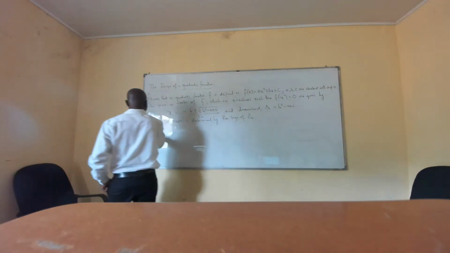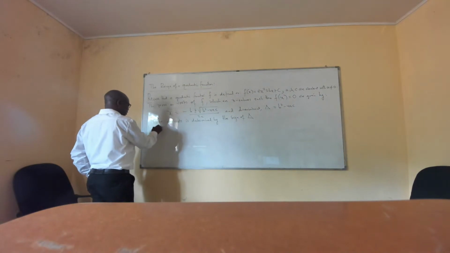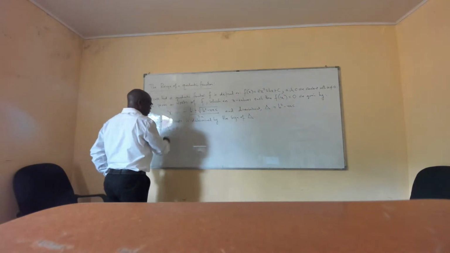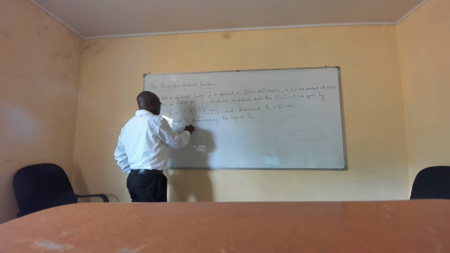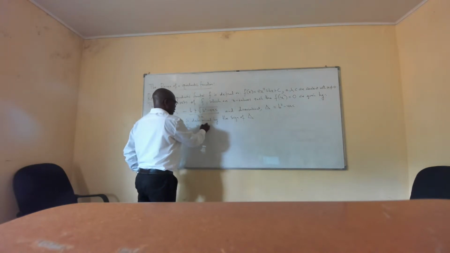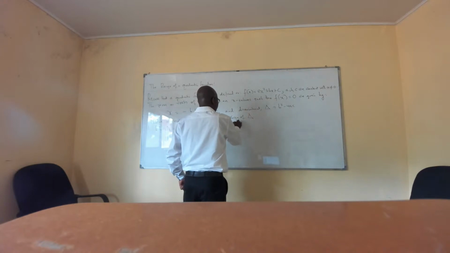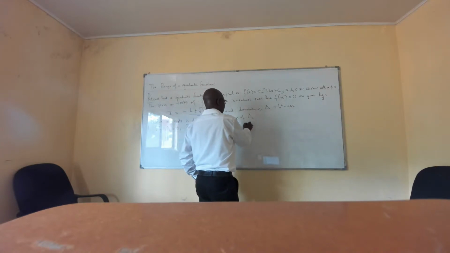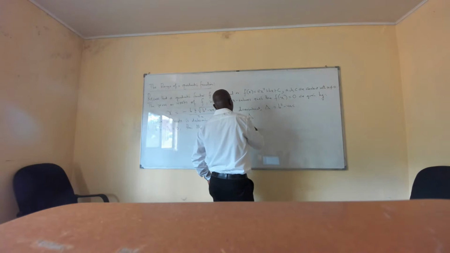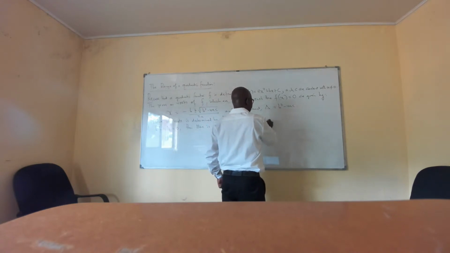One, if the discriminant is 0, then there is only one real root, which is repeated.